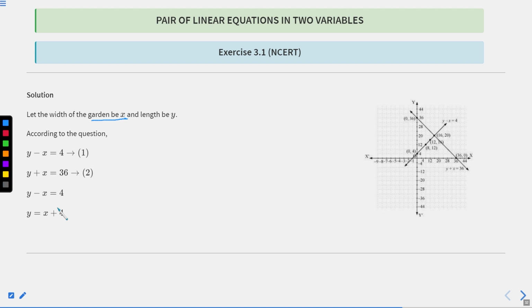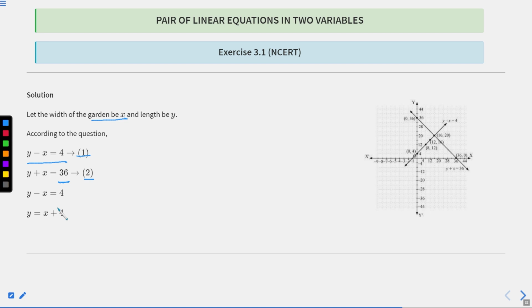According to the question, y minus x is equal to 4, and y plus x is equal to 36. Naming this equation 1 and this equation 2. From equation 1 we can express the variable y in terms of x, so y is equal to x plus 4.